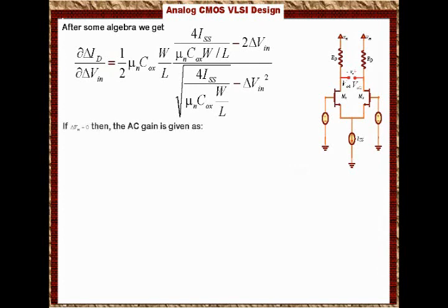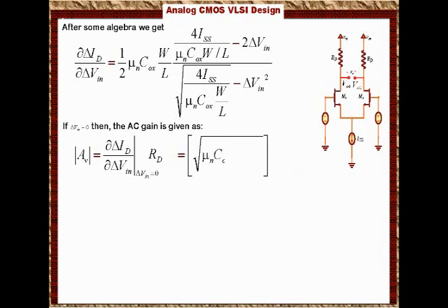The large signal analysis forces delta Vn to be 0, then the differential gain will equal the partial of delta ID over the partial of delta Vn at delta Vn equals 0, at this DC biasing condition, times Rd. That basically will equal the square root of mu n COX W over L times ISS times Rd.